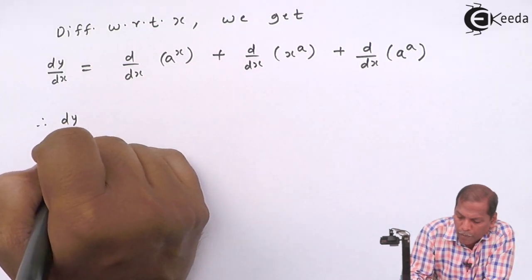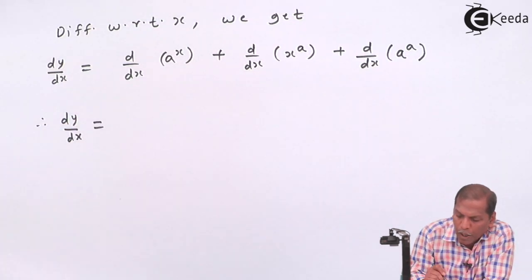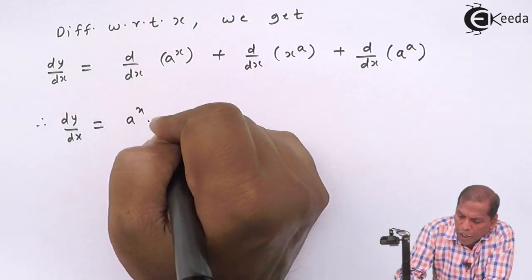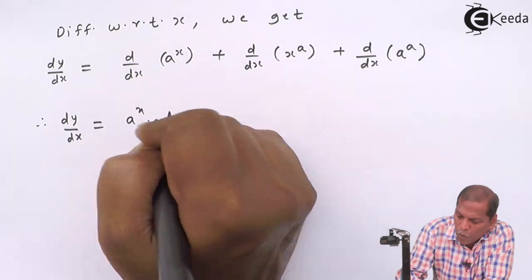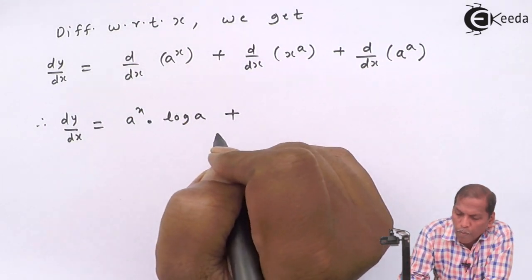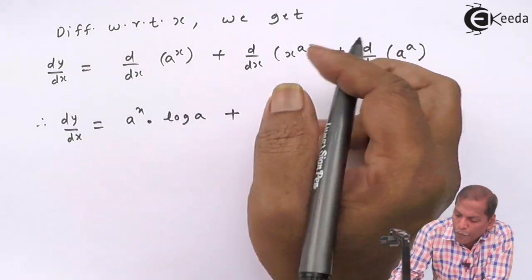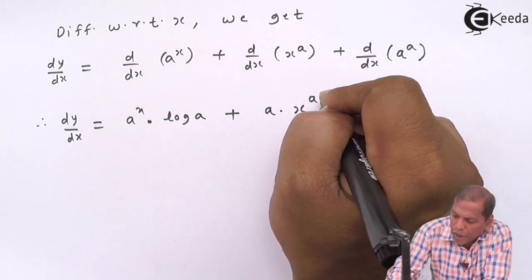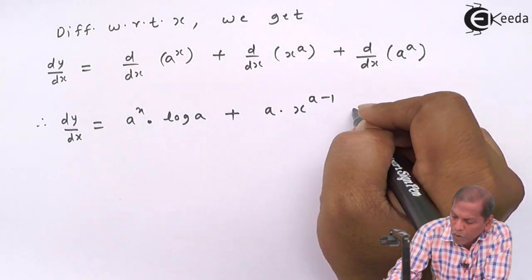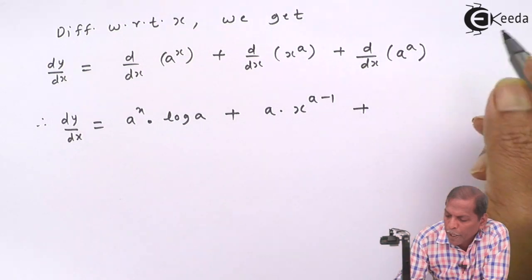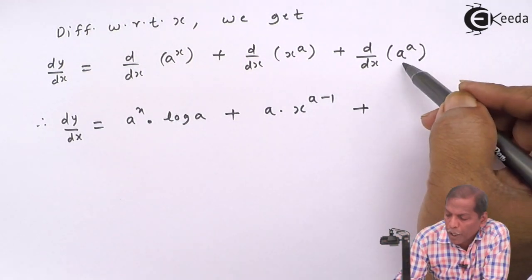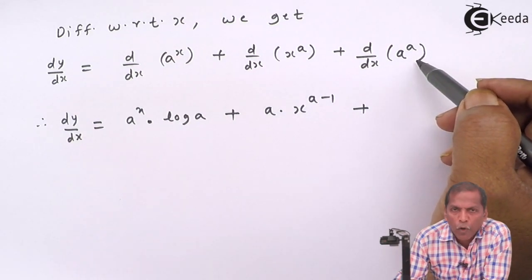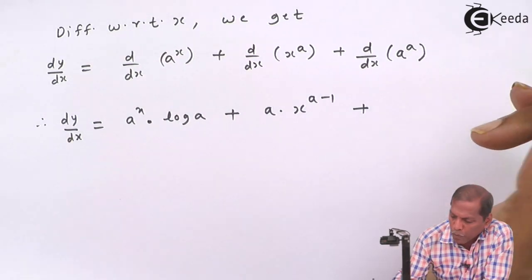Therefore, the next step will be dy by dx is equal to, now derivative of a raise x is a raise x into log a, plus derivative of x raise a is a into x raise a minus 1, and plus derivative of a raise a. Now here a raise a represents a constant function and therefore its derivative is 0.